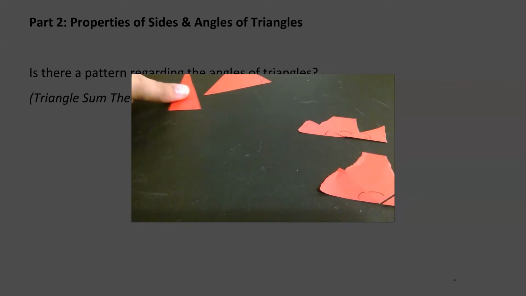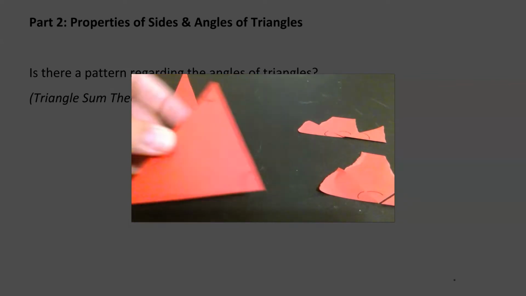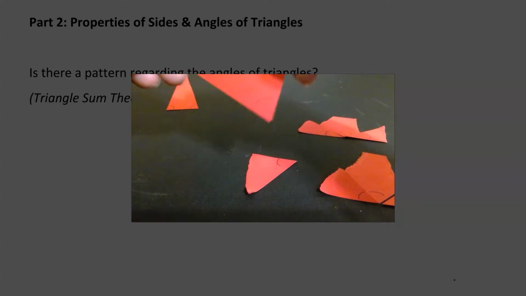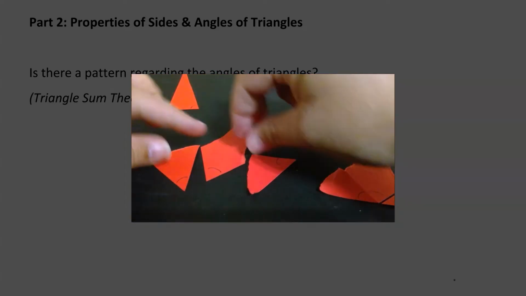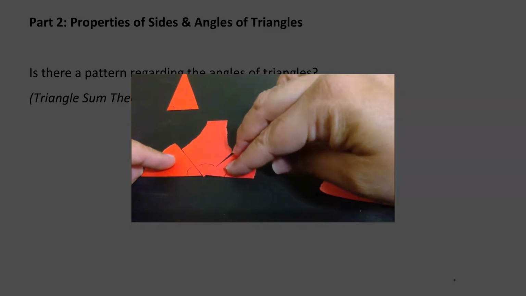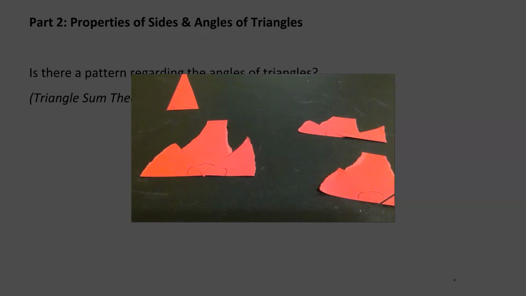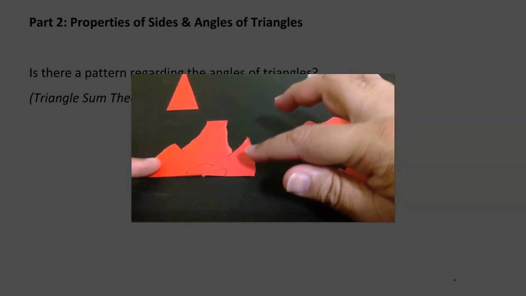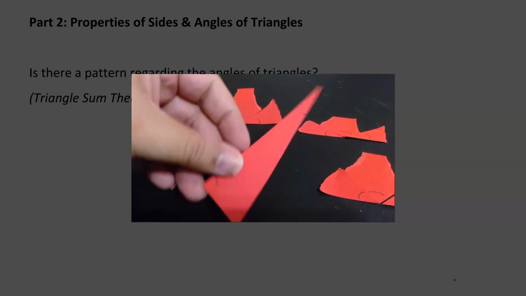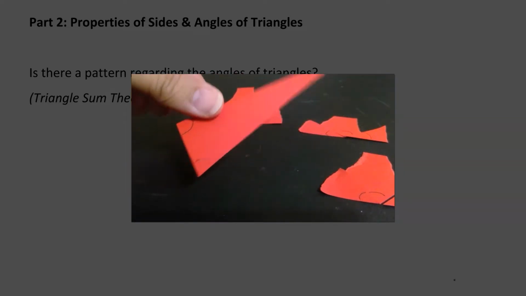We're going to try this 2 more times. So, of course, we take this triangle, rip off his arms. So violent. And once again, it makes a straight angle, or 180 degrees. And for my last triangle, this triangle is very different. So maybe this one won't work.